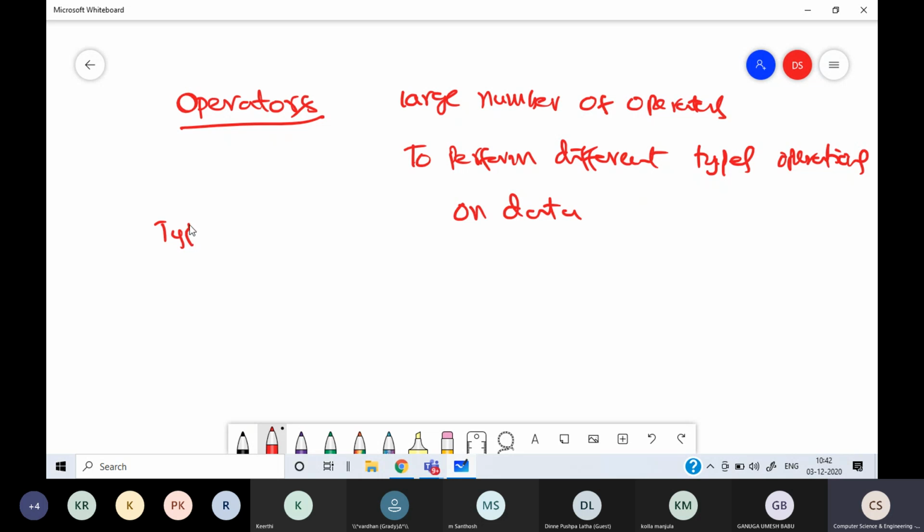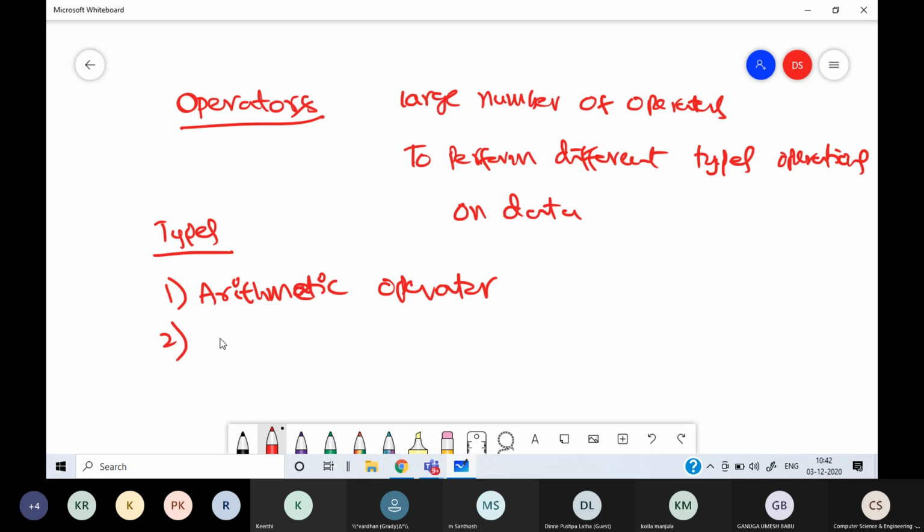When you take the different types of operators, the first is the arithmetic operator. The second is the assignment operator.